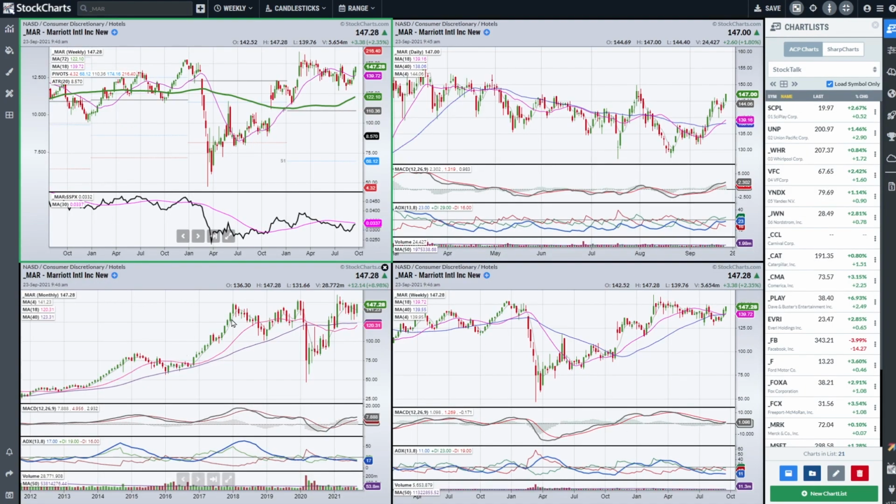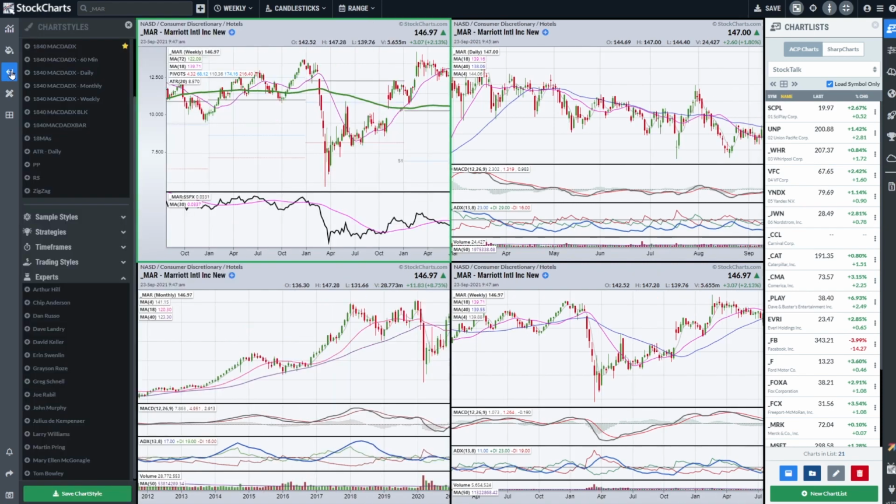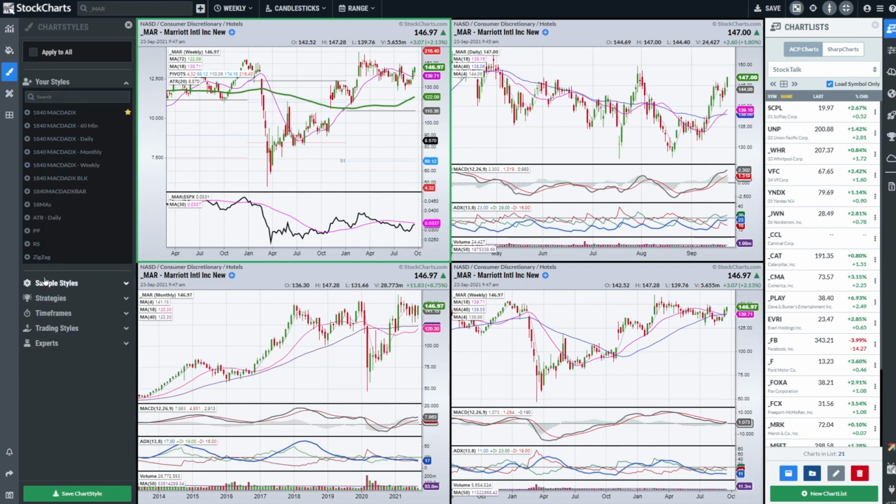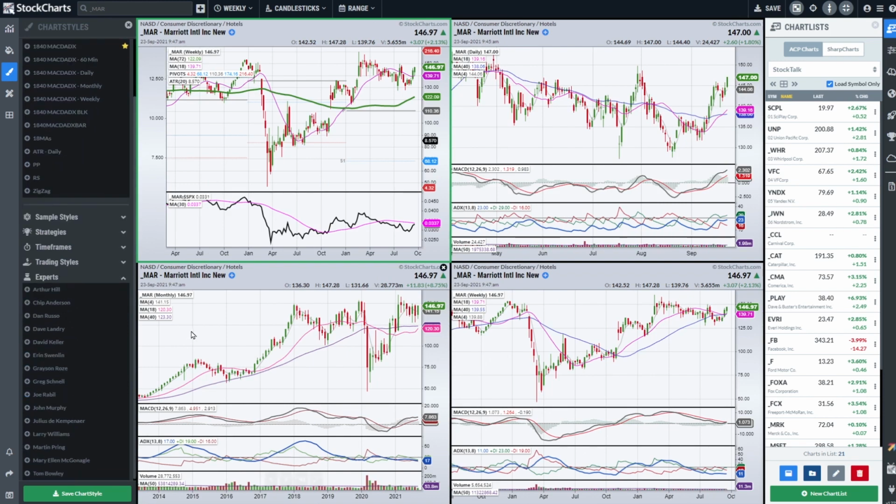Okay, so I've got my 4 charts up now. One thing I wanted to mention, I had a question about this, so let me just review. If you want to get my indicators or my chart, the easiest way to do it is to go up on the left under chart styles and click on that. If you click on this experts category and scroll down, you'll see my name.